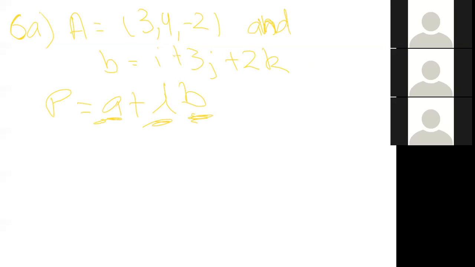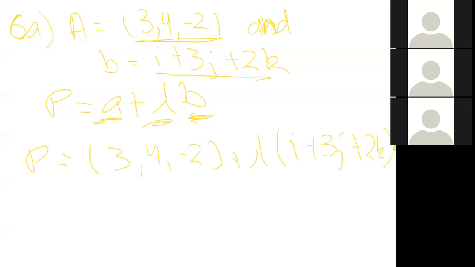So our A will be this here because it's a point, and our directional vector will be the components of this, because it says in the question that the line we want is parallel to B. So if they're parallel, we'll have the same directional vector. So therefore, P will be equal to 3, 4, -2 plus lambda times i plus 3j plus 2k.